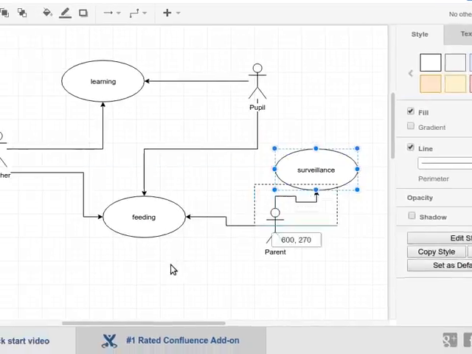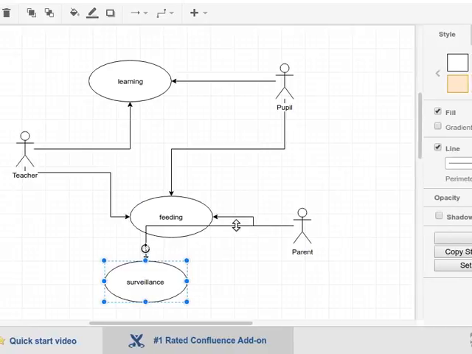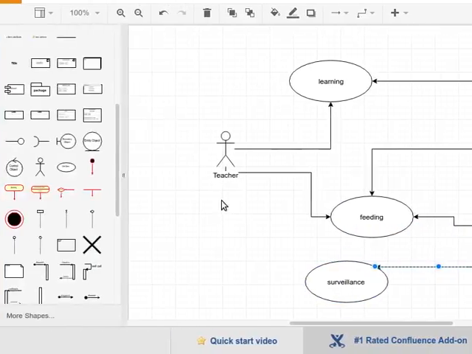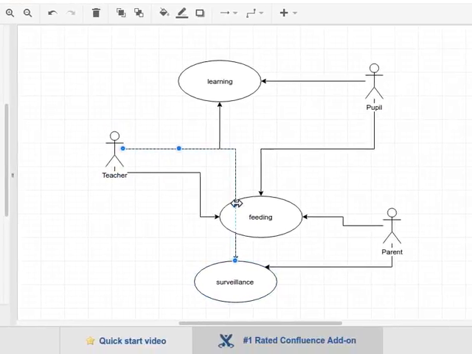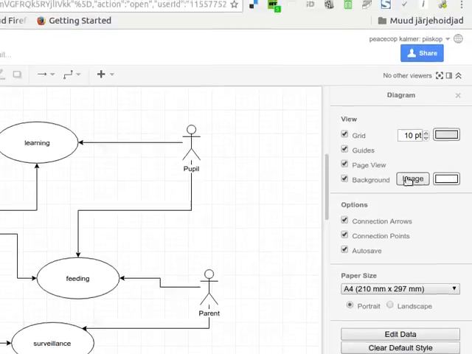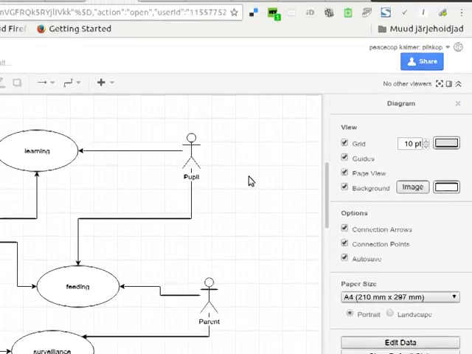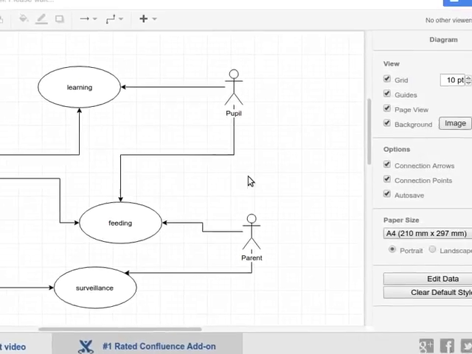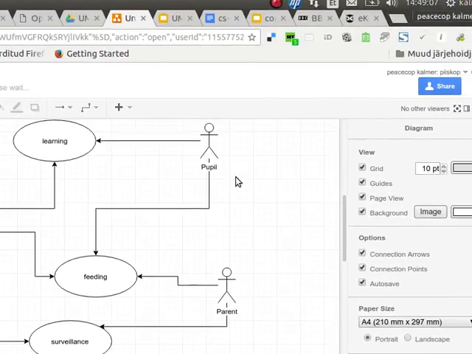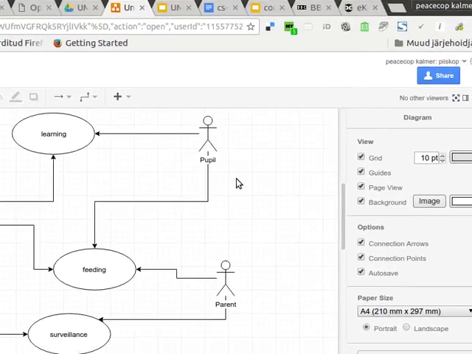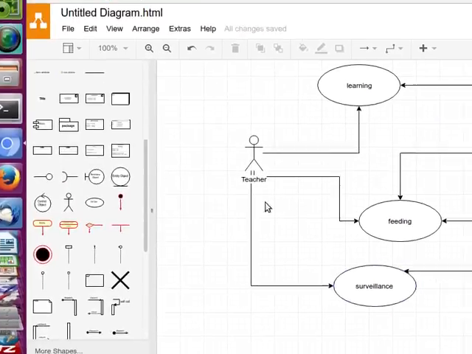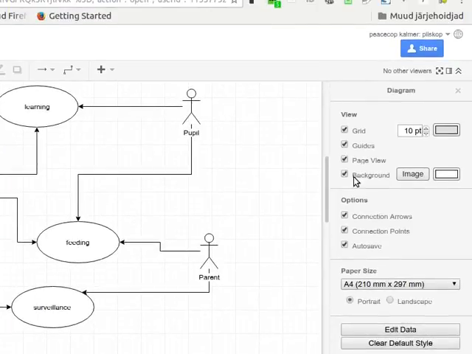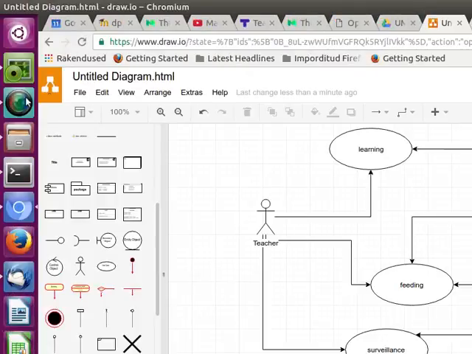And a teacher also takes part. Or let's say that parent only watches how the teacher teaches. So now we have 3 actors and 3 use cases here.